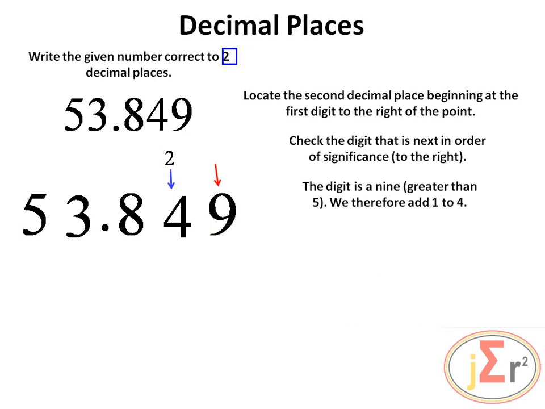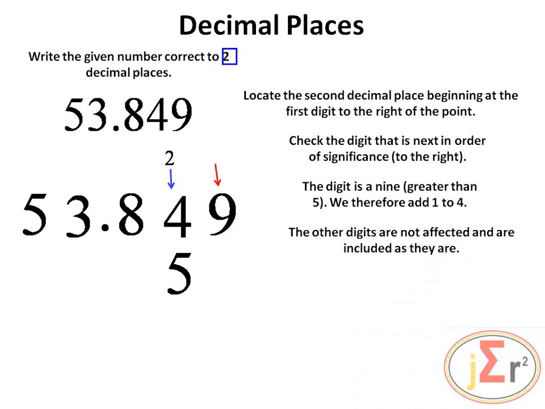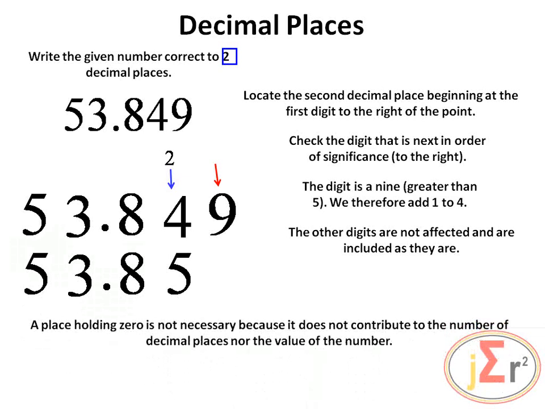The digit is a 9, which is greater than 5, so we therefore add 1 to 4. The other digits are not affected and are included as they are. A placeholding 0 is not necessary because it does not contribute to the number of decimal places nor the value of the number.